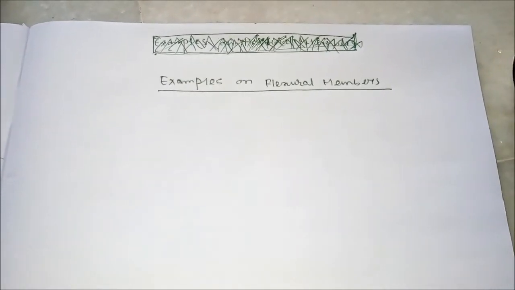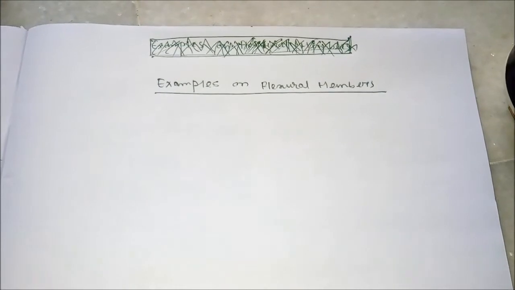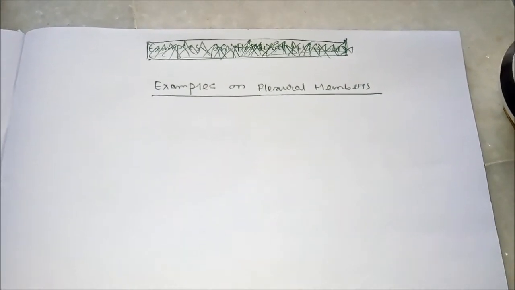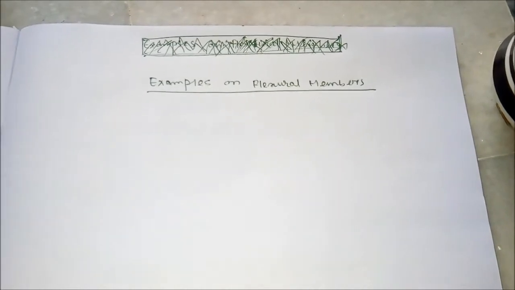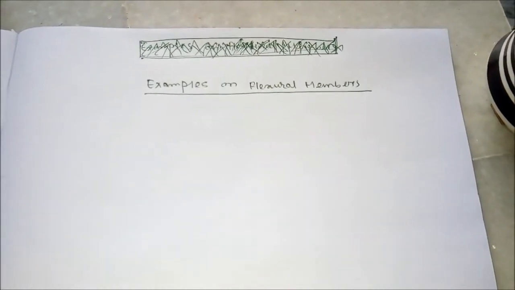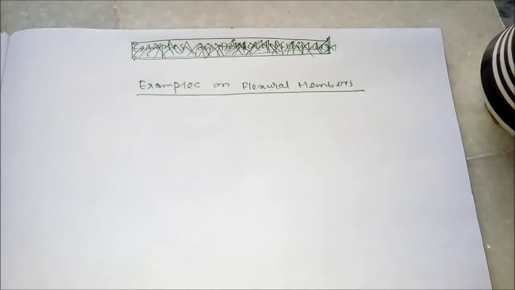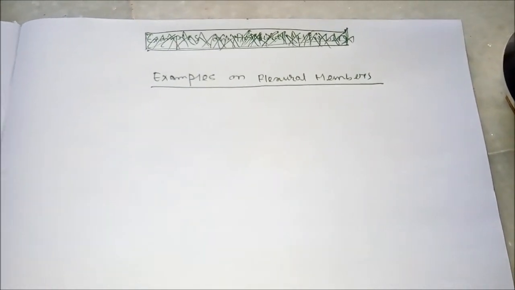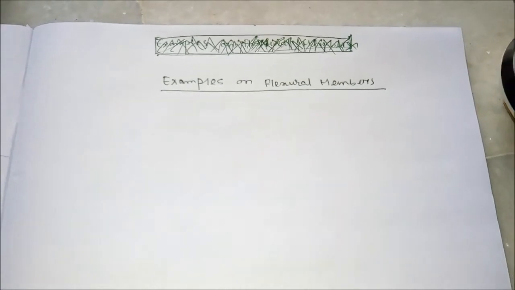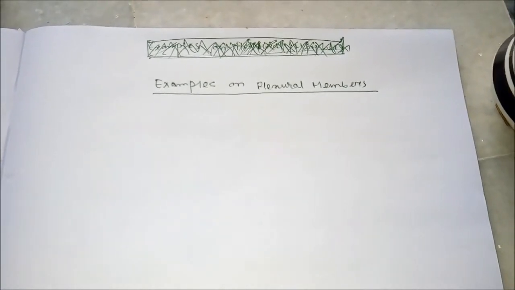In that clause, there are two types of method we can use. Two types of conditions are there: if the beam is supported laterally, or the beam is not supported laterally, right?